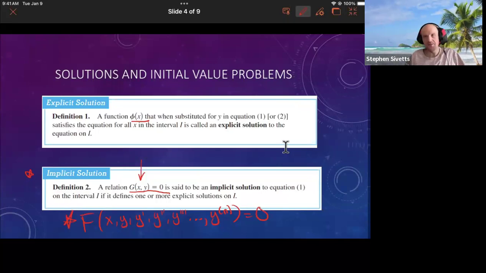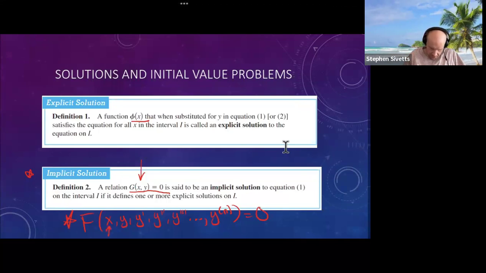Which you label capital F as a function with respect to the independent variable x. This is the independent variable. And then y prime, y double prime, y triple prime, and the nth derivative of y are dependent on x. Okay, so capital F is just the implicit expression of a combination of x and then the y function and its derivatives, right? As opposed to an explicit solution, it will look like a variation of this form, right?